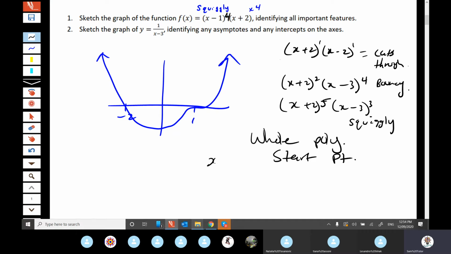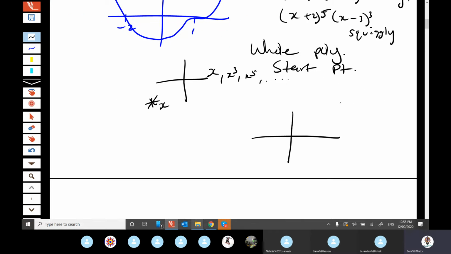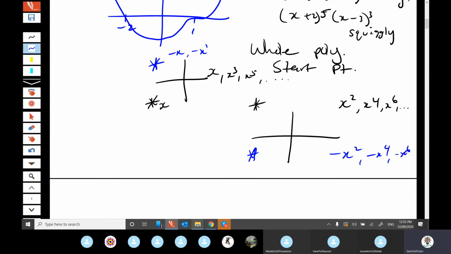If it's x, x cubed, x to the 5, etc., you start down here. If it's x squared, x to the 4, x to the 6, just like any other even-powered parabola, that's how I think of it. Cubics start down here. X squared, they start here. And if you did negative x squared, negative x to the 4, they start the opposite way. The same thing as this guy: negative x cubed, negative x to the 5, and so on.